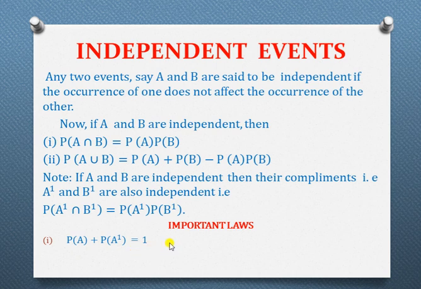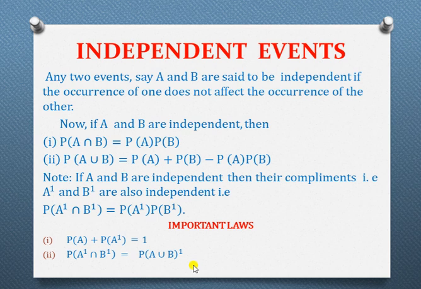A good daily example is if we say the probability of it raining is 0.5, then the probability of it not raining will automatically be 1 minus the probability of it raining, which is 0.5. In this case, it means the probability of it raining on a given day plus the probability of it not raining should equate to 1. So that is what we're trying to explain here. Do not restrict it only to this. We can expand it to other situations as we shall see ahead.